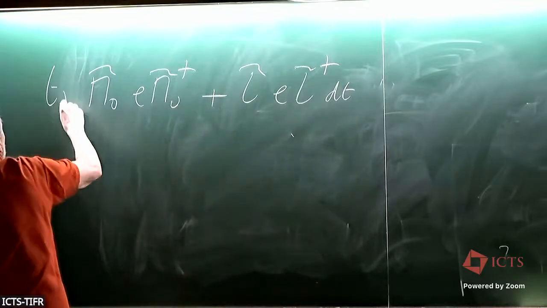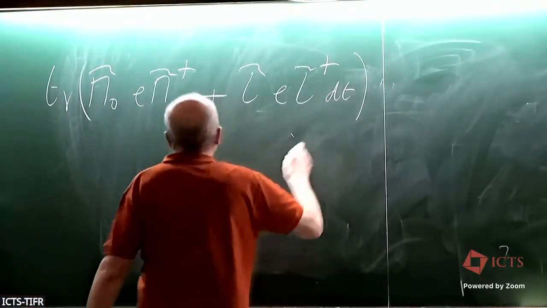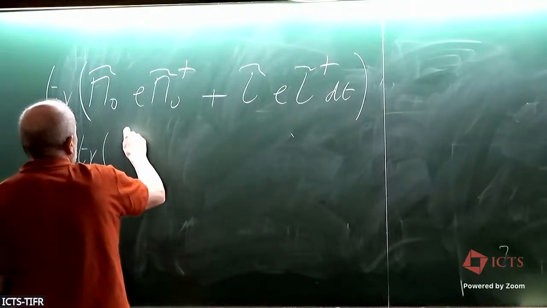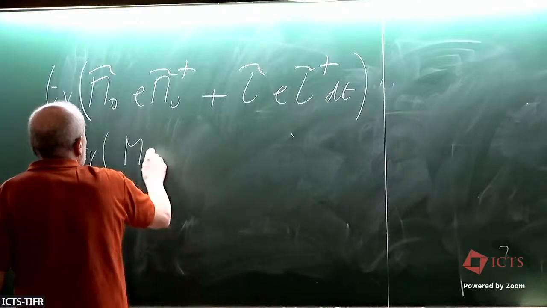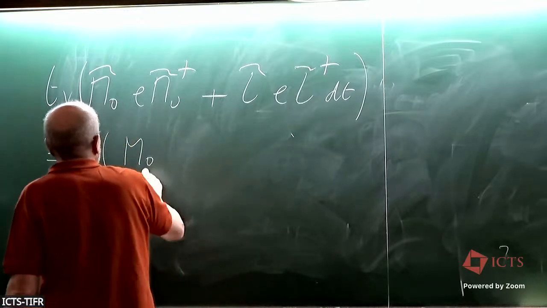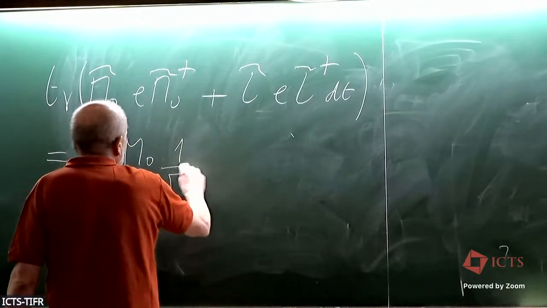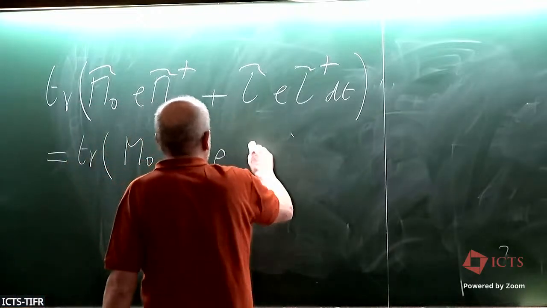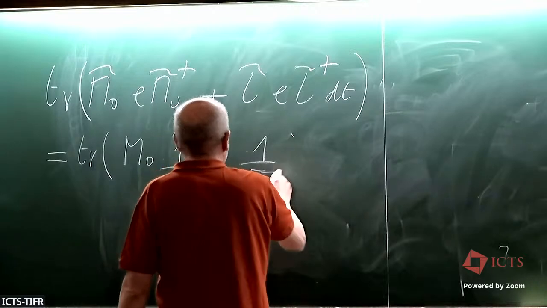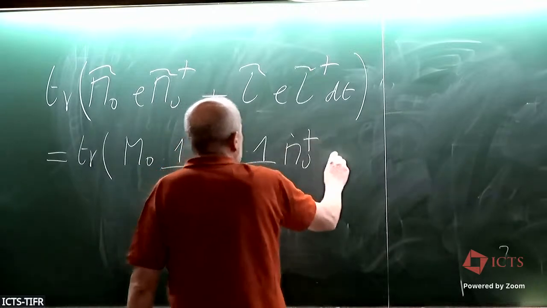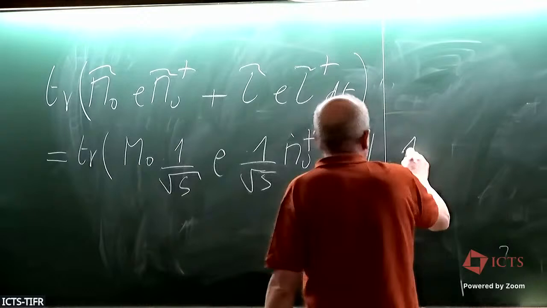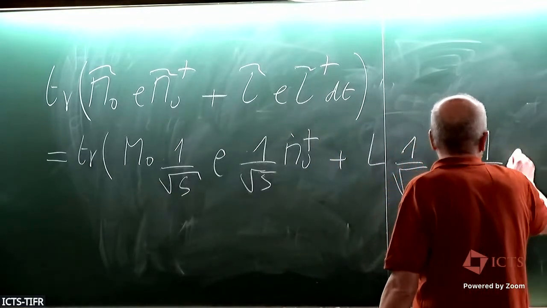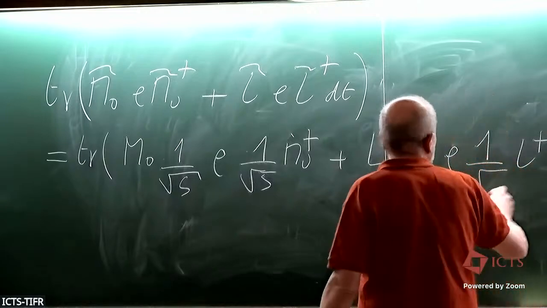I want to compute the trace of this guy. What is the trace of M0, with 1 over the square root of S, rho, and 1 over the square root of S, M0 tilde, plus L, 1 over the square root, rho, 1 over the square root of L dag, dt.